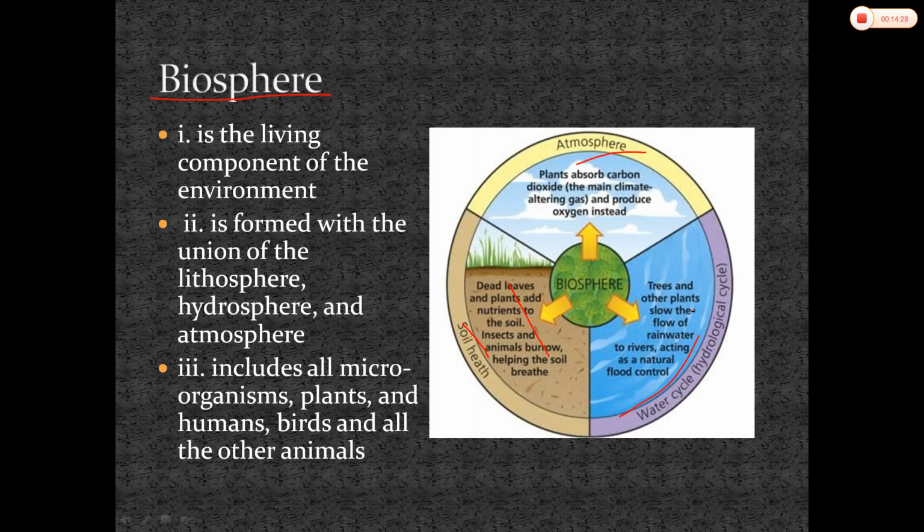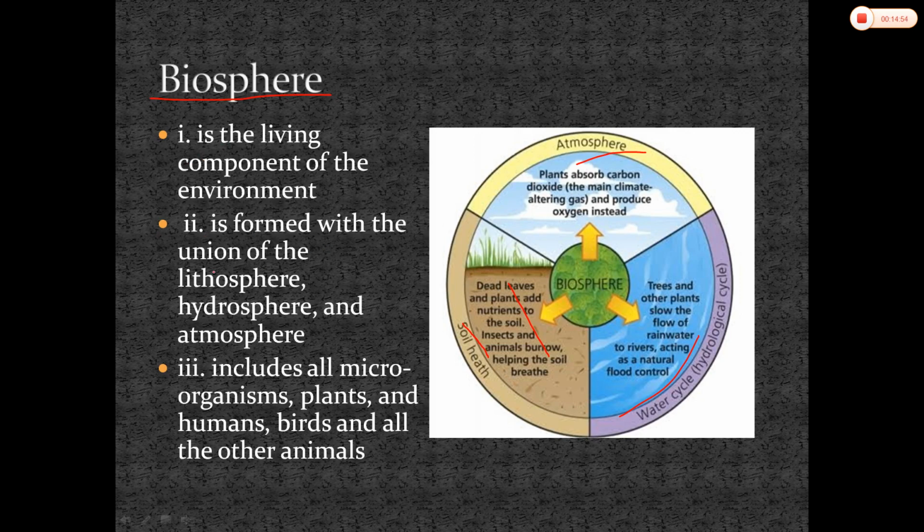And therefore here it is said that the biosphere is a narrow zone of earth where land, water, and air interact with each other to support life. So it was all about the biosphere. We can say that the biosphere is the living component of the environment.